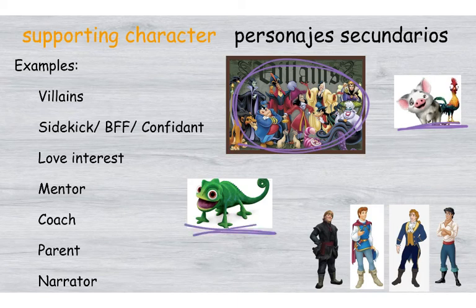We have Rapunzel's best friend, Pascal, and we also have the princes from some of the princess movies. So like I said, they could be villains, sidekicks, best friends, a love interest, a mentor or a coach. Sometimes it can be a parent. Sometimes the parents are in the story and the whole story is about them. Or it could be a narrator. So supporting characters are important, but the whole story is not focused on them.